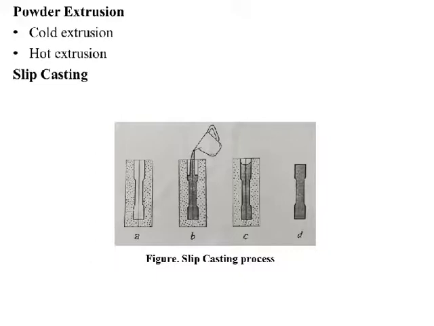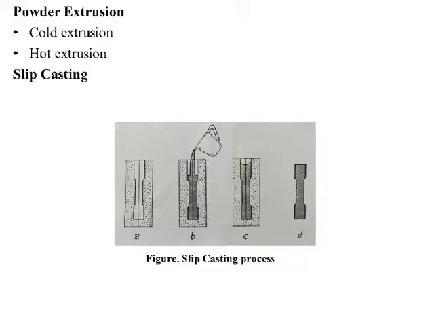In figure B, you can see that the slip is being poured into the plaster of Paris mold. Once poured, it is allowed to set for 10 to 20 hours so that the moisture present in the slip is absorbed, or it is dried.